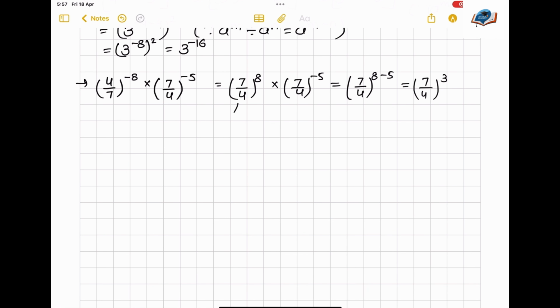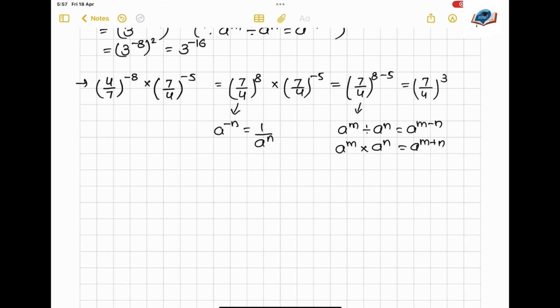Here I have used a raised to minus n equal to 1 upon a raised to n, and here I have used a raised to m divided by a raised to n equal to a raised to m minus n, or I can say a raised to m into a raised to n equal to a raised to m plus n. Both the things I can show there.